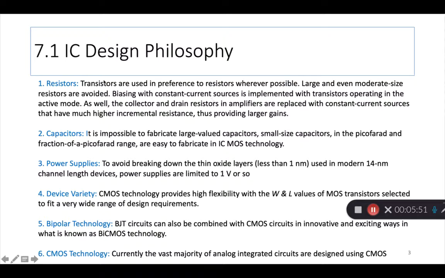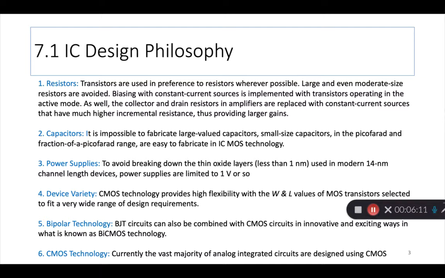For example, resistors, I think we have already mentioned this maybe, but resistors are difficult in ICs. On a little IC, creating large value resistances is difficult.